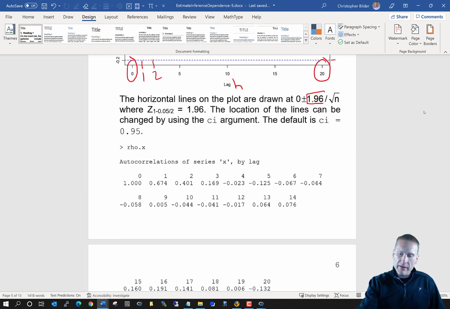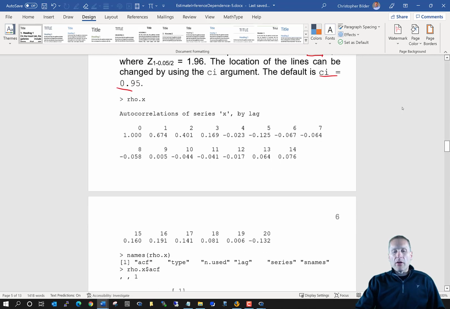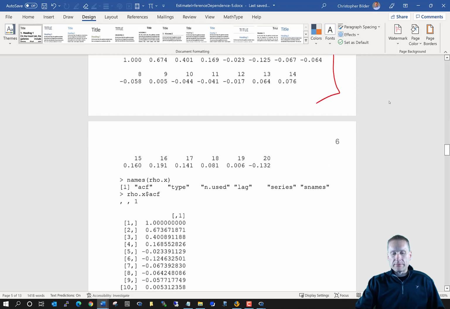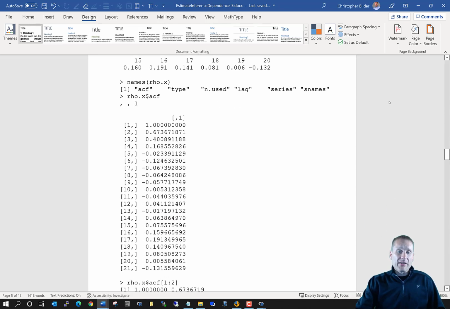Now notice we have a 1.96 here, and this is the 0.975 quantile from the standard normal. If you wanted to change that to something else, you could use the ci argument in the ACF function to do that. Okay, so in my command prompt, I can type rho.x, that's where I saved the results from the ACF function, and you can see here are the corresponding estimated autocorrelations for a particular lag. rho.x itself is actually a list, in terms of R's terminology of how it's storing information.